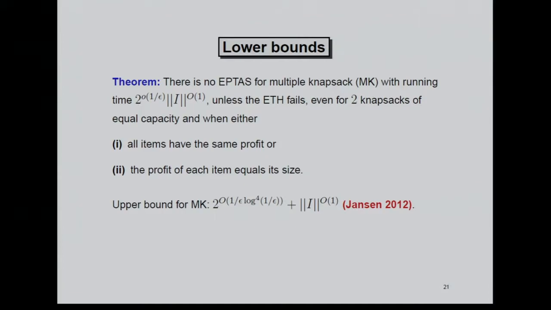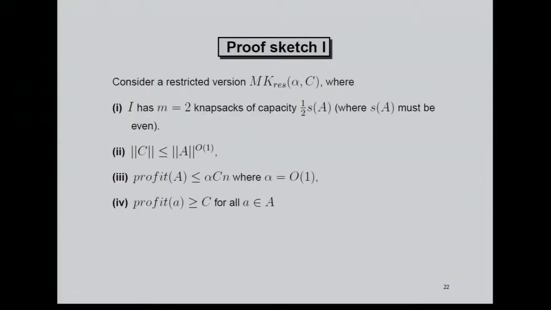So what is the main idea to prove this? What you can consider is a restricted version of the knapsack problem. We have two knapsacks, as I've shown you, and let's choose a capacity of 1/2 of the total size, so that I would like to pack everything inside. I assume here that the total size is an even number, otherwise I automatically have a no instance. And then I need an upper bound, a value c, so that the coding length of c is polynomial in the size of the corresponding partition problem, where I have only the sizes inside.